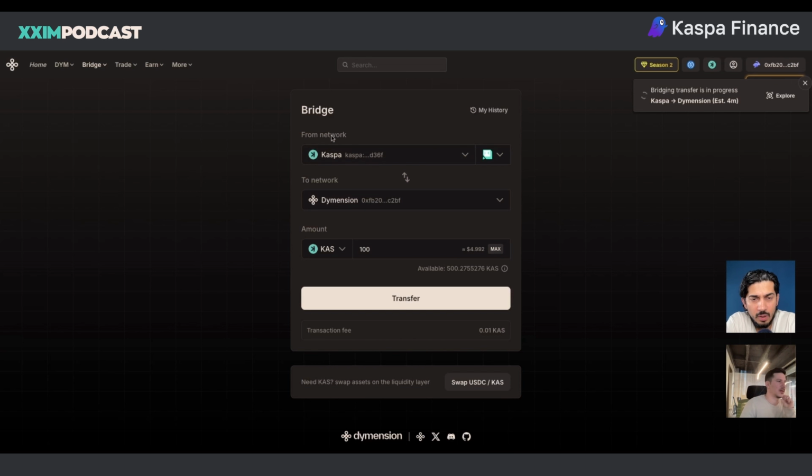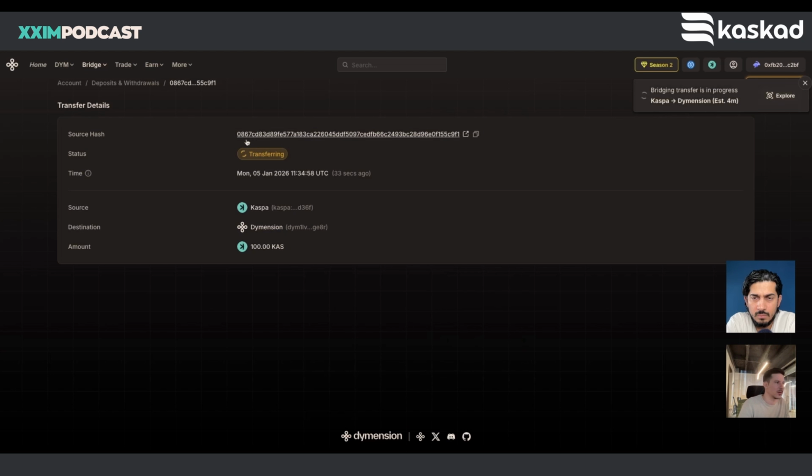So from network, this is the Kaspa L1, right? This is to network Dymension. The amount is 100 KAS, and bridging transfer is in progress. So I initiated a deposit from Kaspa L1 to Dymension of 100 KAS. And now you can see it's in progress. You can follow it here.